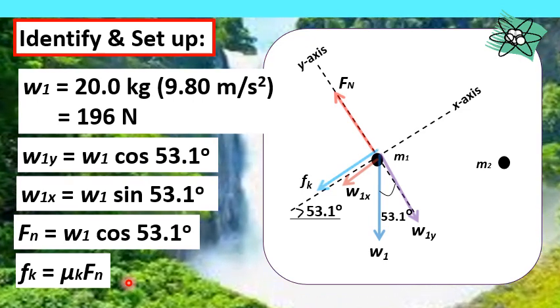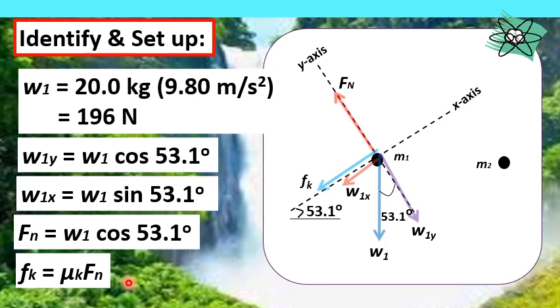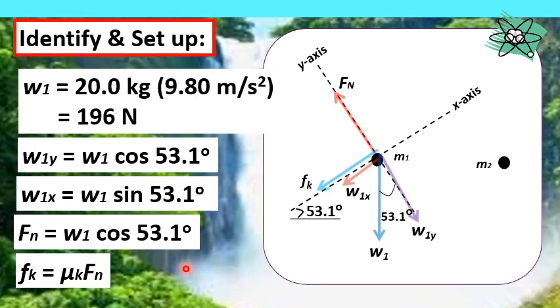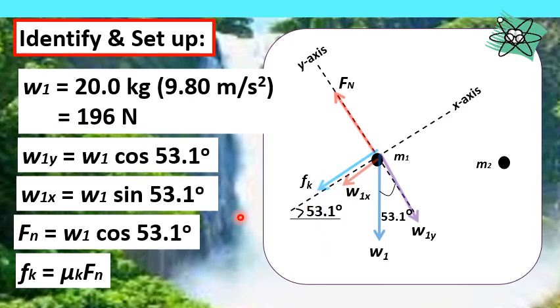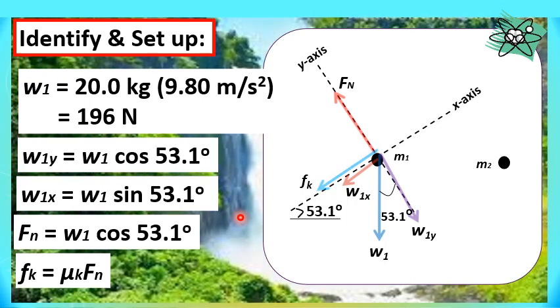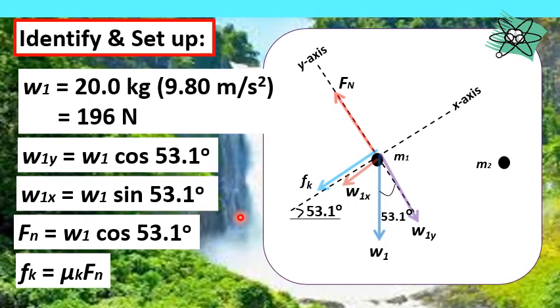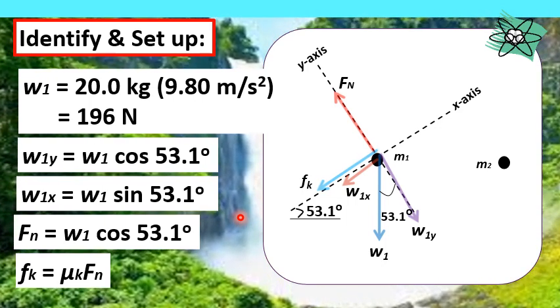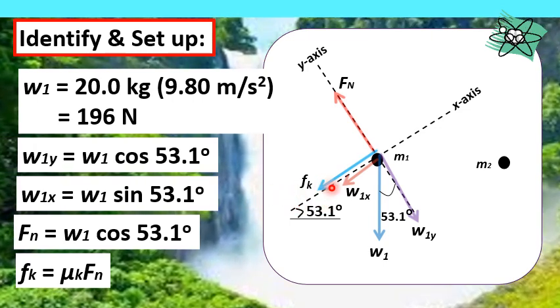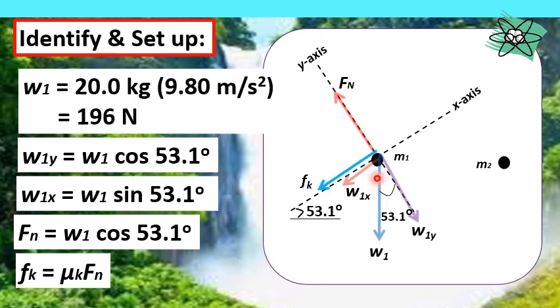And this force of friction is directed opposite to its motion. Hence, the force of kinetic friction is directed down the inclined plane, right, in our diagram.